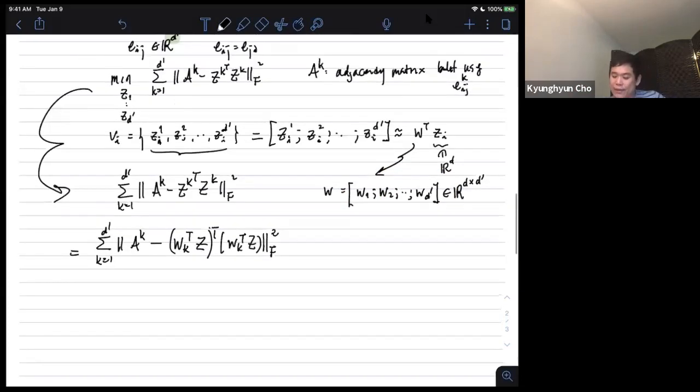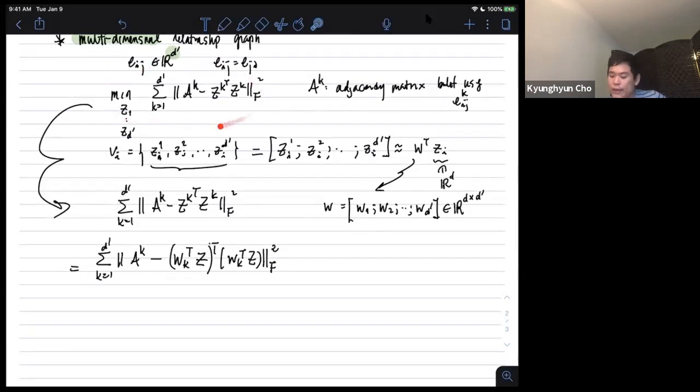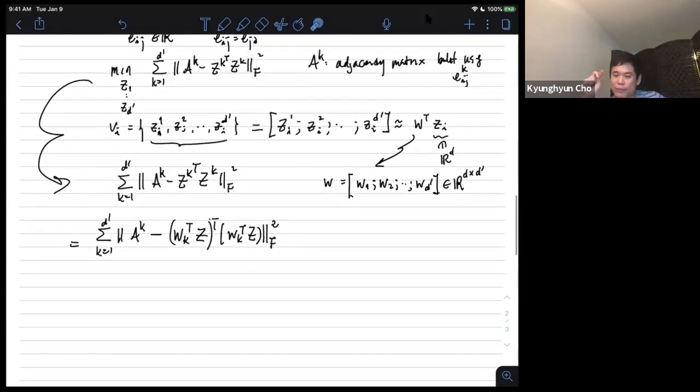So this is identical to the original form, except that these Z_k Wayne matrices are reparametrized to share a single Z, the code matrix, multiplied with the relationship specific weight vector W_k. Now we can solve this problem with respect to a single code matrix and d prime many weight vectors, which corresponds to having a single Wayne matrix.